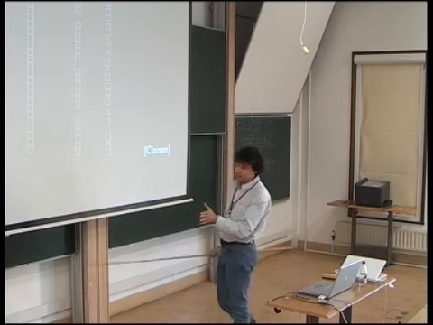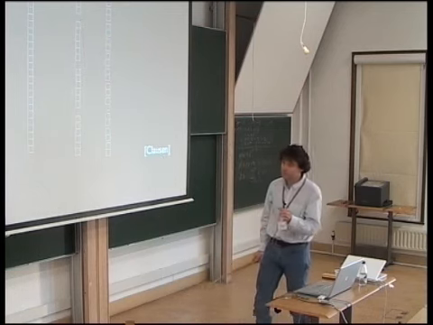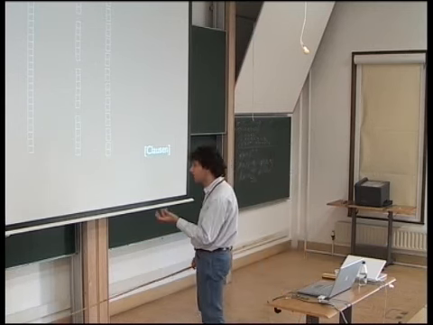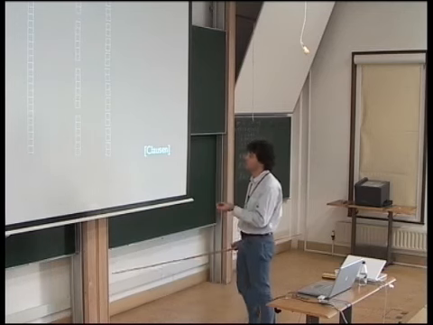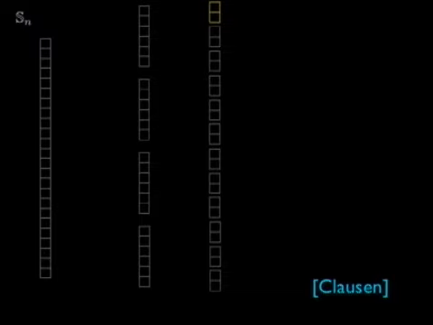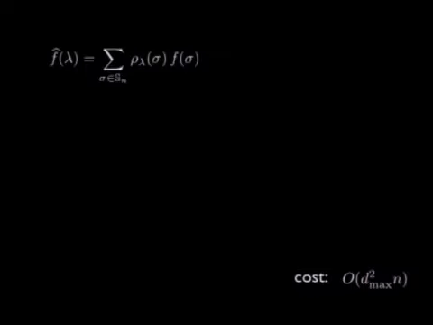In our case, the Fourier transform over permutations of n objects somehow reduces into Fourier transforms of permutations of n minus 1, that into n minus 2, and so on, all the way into the trivial Fourier transform over a single object.